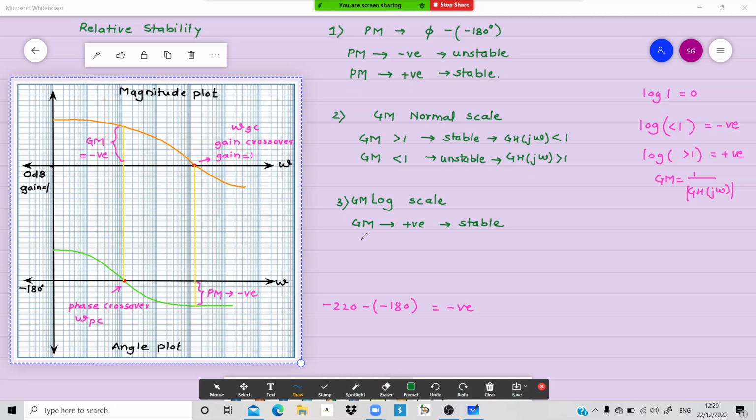On the other side, GM negative means |GH(j omega)| greater than 1.